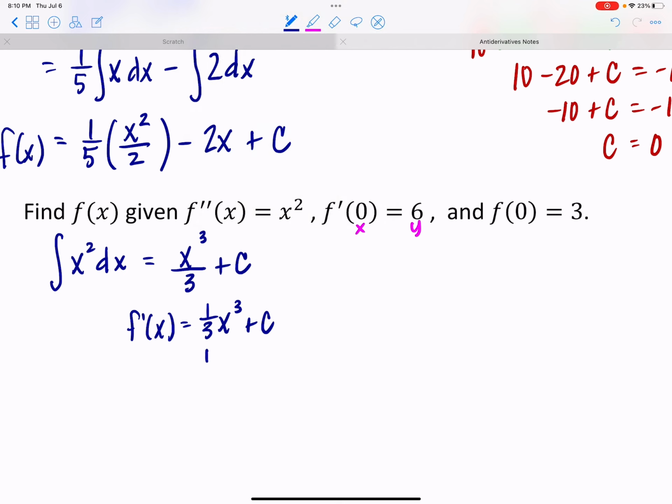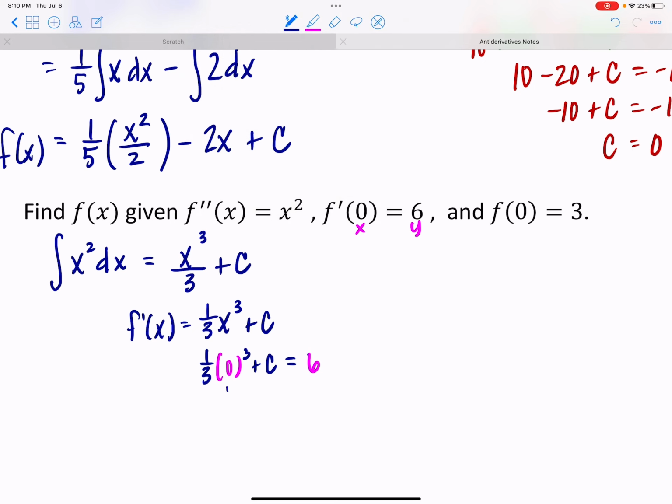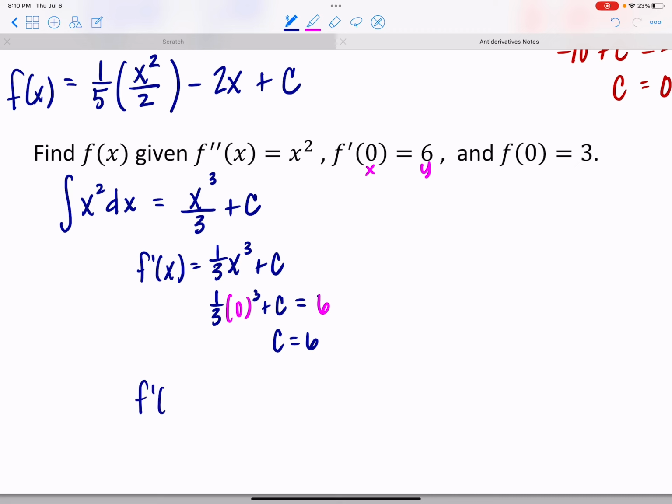So I'm looking at 1/3 times an input of 0 cubed plus some value of c, and all of that should end up making an output of 6. So I'm going to put that in here for my output. Now, 1/3 times 0 cubed is just going to be 0, so that means that c has to be equal to 6. So now I know my first derivative is not a family of functions anymore. It's definitely going to be 1/3 x cubed plus 6. Okay? So there's my first derivative.